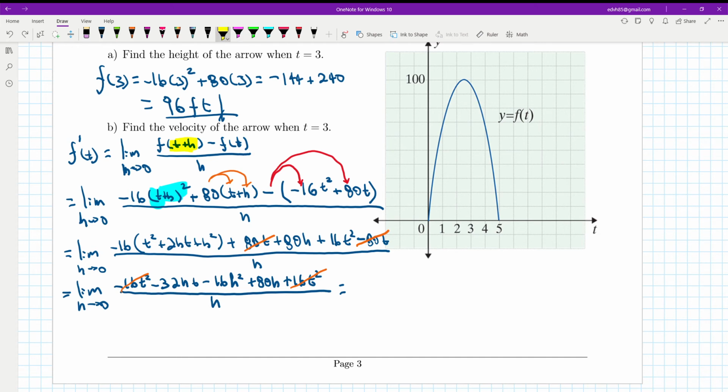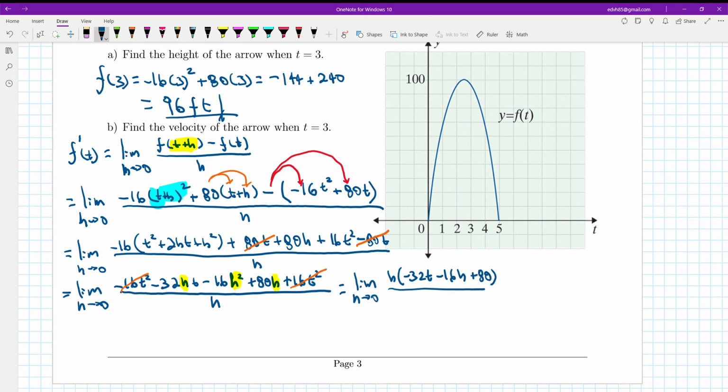Notice we have an h here, h squared, h. Notice the remaining terms, the three terms that survive, in this case, limit as h approaches 0, that's h times negative 32t minus 16 times h plus 80.